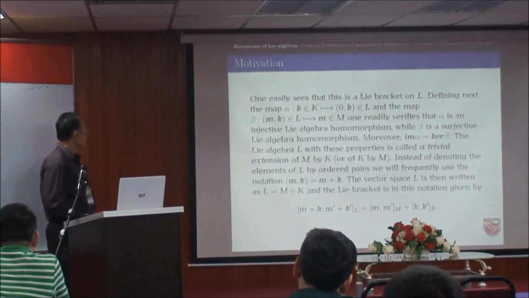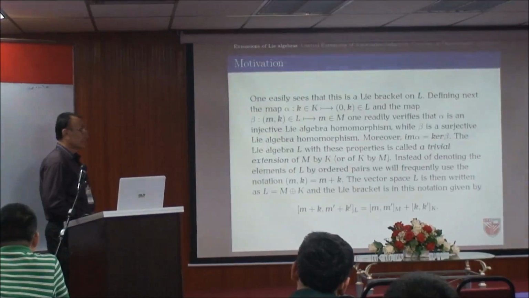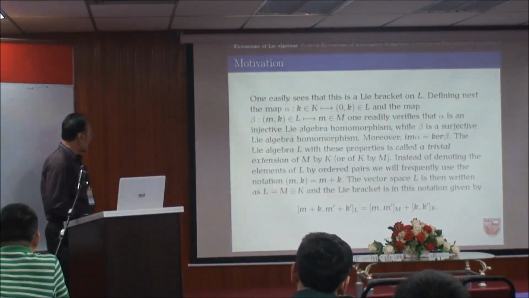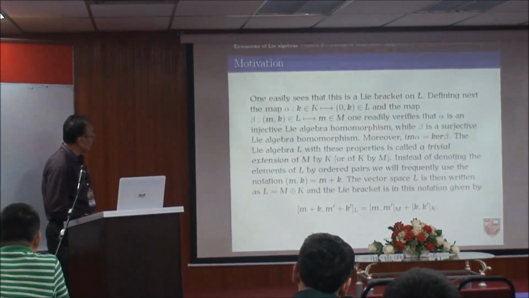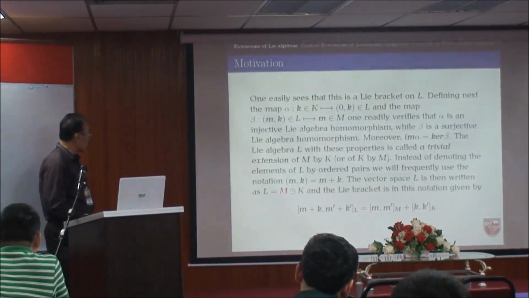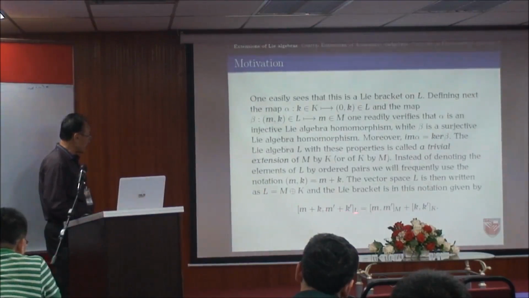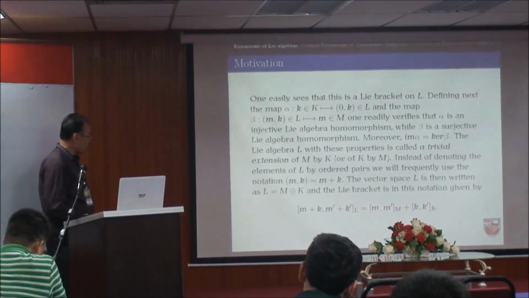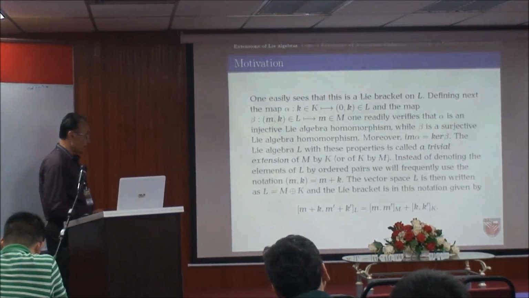So as a result, you can write your L, these are not only linear transformations, they will be Lie algebra homomorphisms of Lie algebras. So as a result, you will get Lie algebra L, which is written as a direct sum of two other Lie algebras. They are ideals. In this case, the extension is called a trivial extension. So the result of the Lie bracket here is given as a product. Lie product here, Lie product here, as I mentioned.